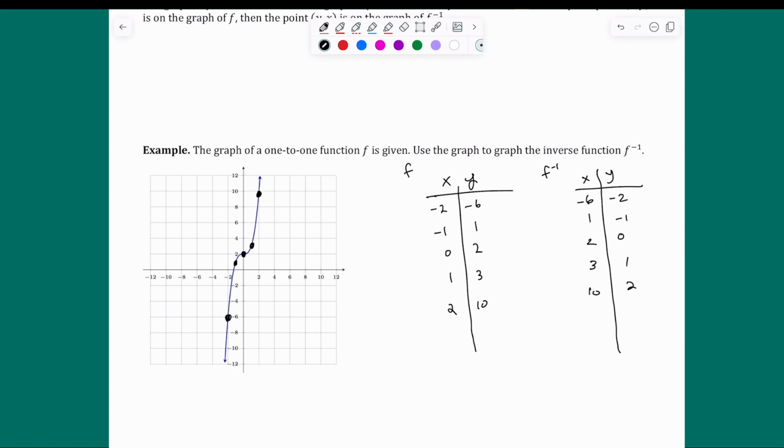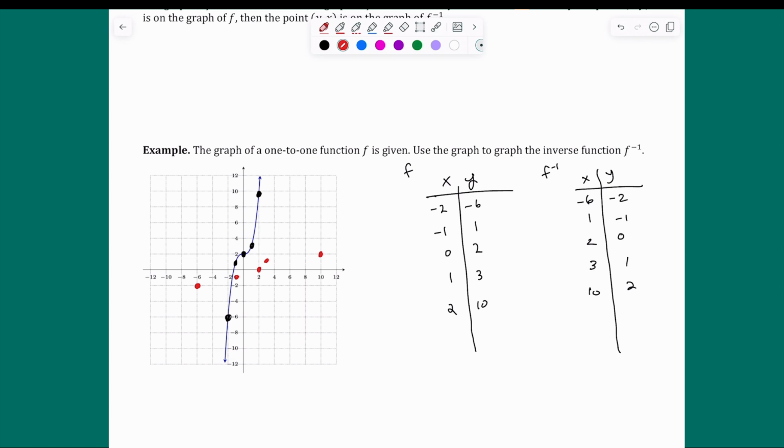Let's go ahead and plot those points. Negative 6, negative 2 would go right about there. 1, negative 1, right about there. 2, 0, right about there. 3, 1, right about there. And 10, 2, which goes right about there.